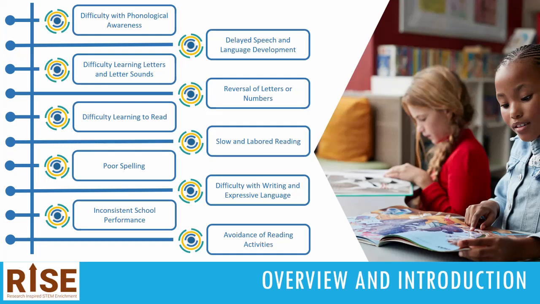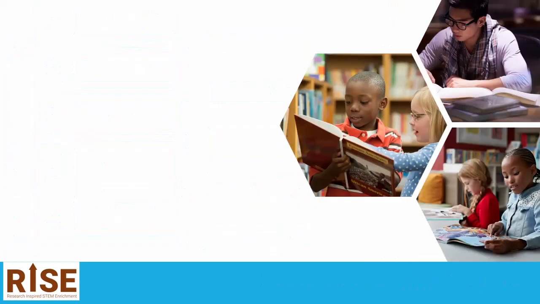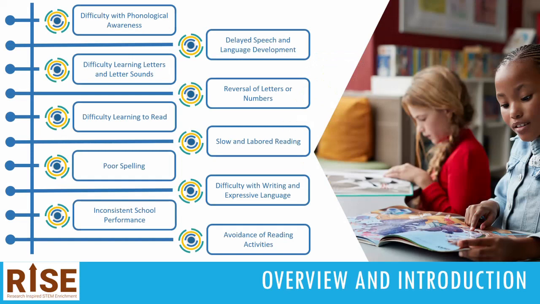Demonstrates a reluctance or avoidance of reading-related tasks and activities. Frustration and negative emotions. Expresses frustration, anxiety, or negative emotions related to school, reading, or academic tasks. Family history of dyslexia. A family history of dyslexia or related learning difficulties.